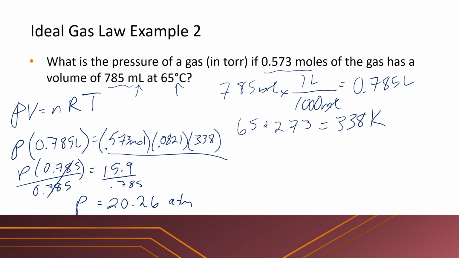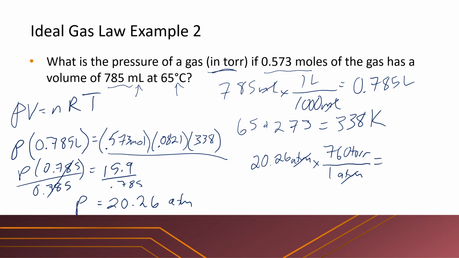Now, the question wants us in torr, so I need to convert this to torr. 20.26 atm. I know that for every 1 atm, there's 760 torr. So atm cancels, and I just need to multiply by 760.